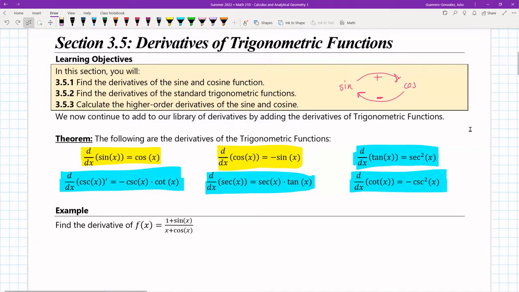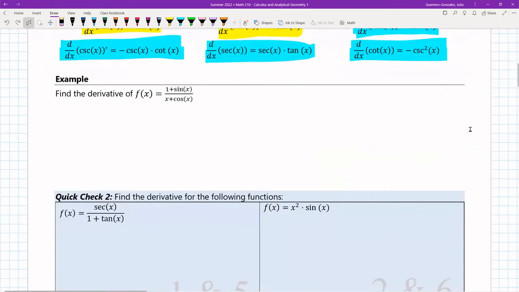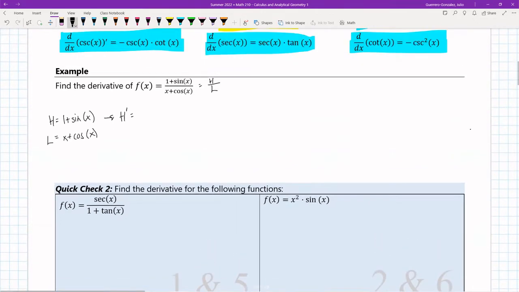Okay, so at this point, we know some of the shortcut rules for how to take a derivative. That's exactly what we're going to use here, but now we get sines and cosines. So let's go ahead and take the derivative. This is a quotient, so that means this is going to be a high divided by a low. So if my high is 1 plus sine of x and my low is x plus cosine of x, then the derivative of the high, let's go back to my circle there.